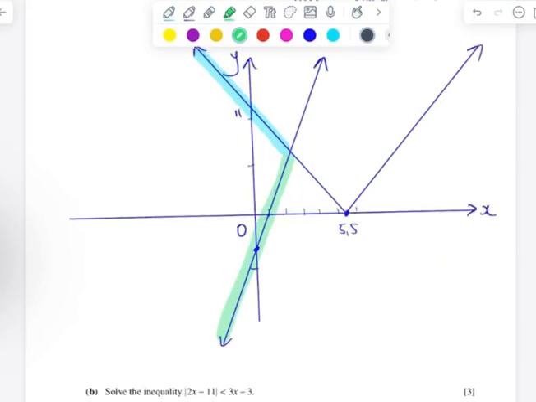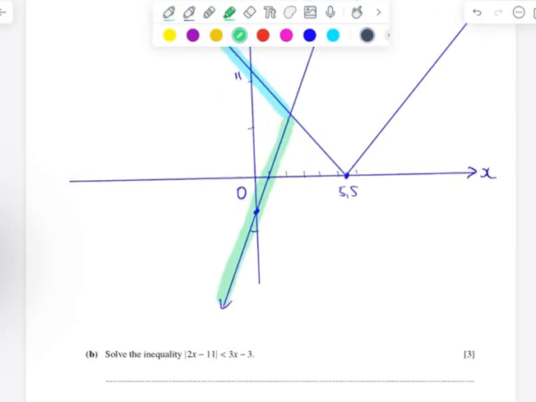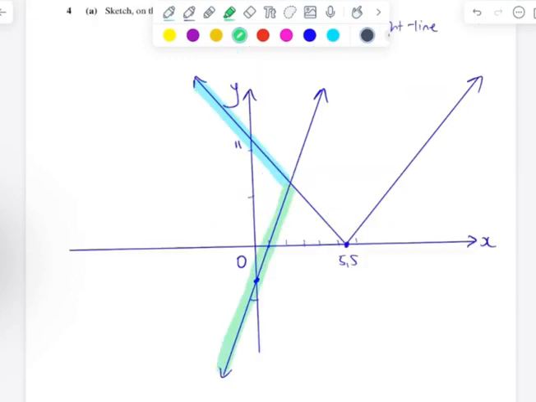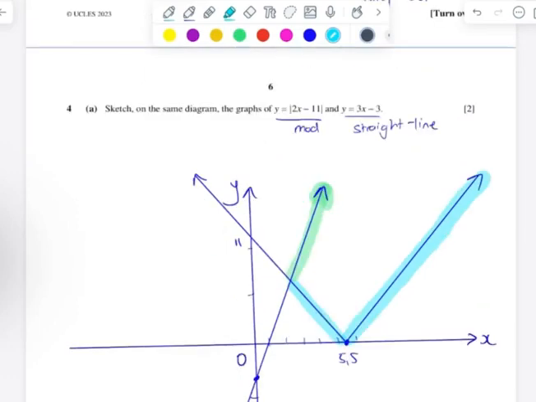So my mod is greater than the straight line. They are asking me where my mod is less than the straight line. Can you see if I cross that point there, my straight line is now always going to be higher than my mod. It's going to have a greater y value.